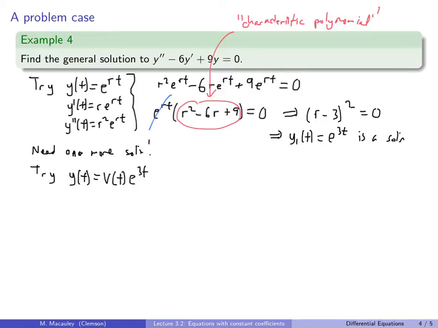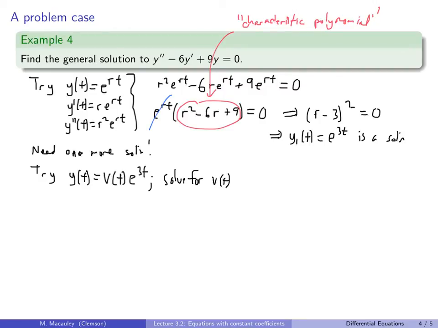Now, we know there's a solution when v of t equals 1, or any constant for that matter, but let's see if we can find a slightly more complicated v of t, like maybe a first-degree polynomial. And it turns out that this will always work. So try this and solve for v of t.